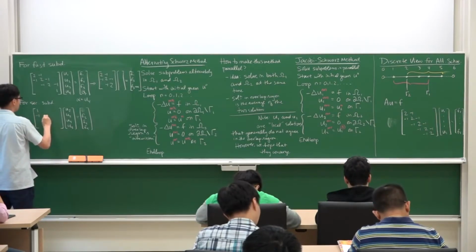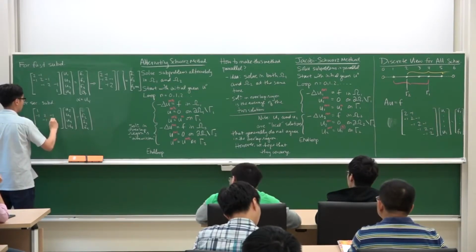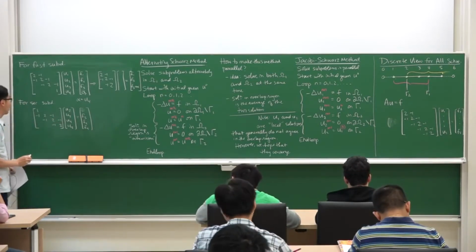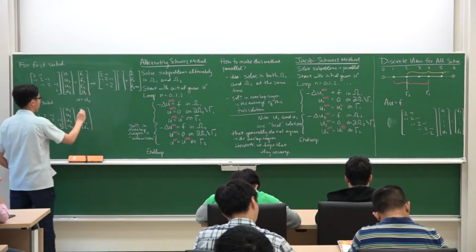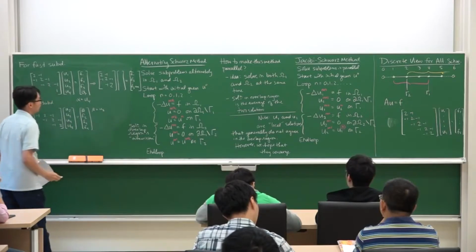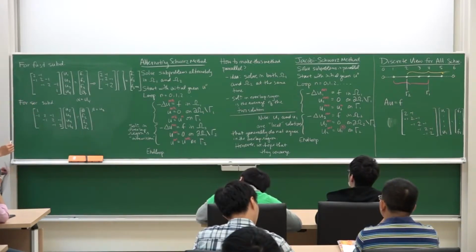And the other equations from the discretization look like that. And I'm going to call this beta, and beta is equal to U2, the current value of U2. Right?